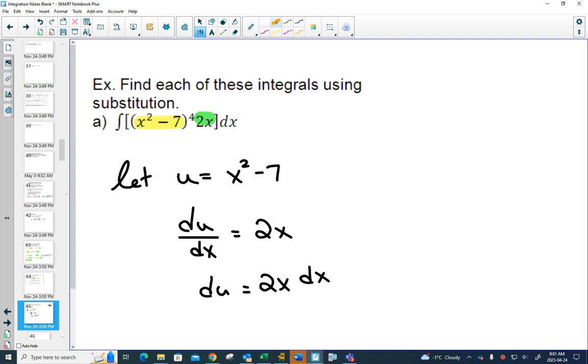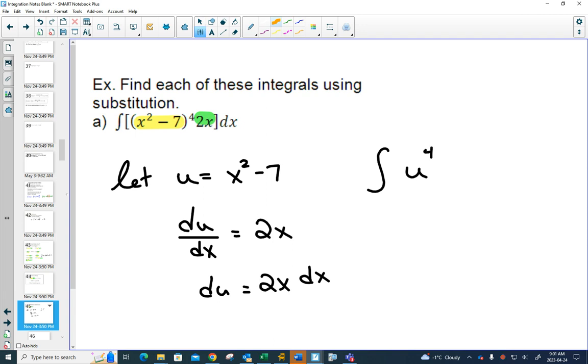It lets me rewrite what I had before: integration sign, then in brackets x squared minus 7. But now instead of writing x squared minus 7, I'm going to write u. I still have the exponent of 4.